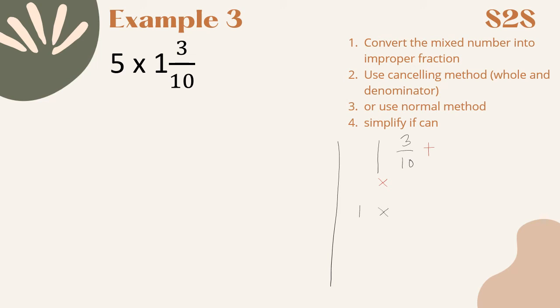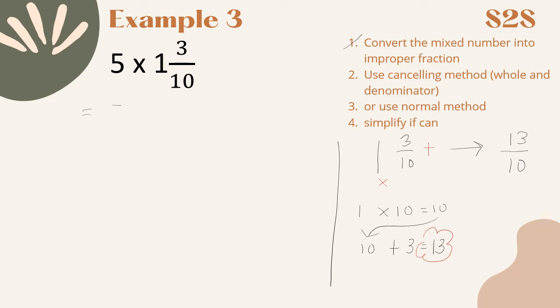So 1 times 10 gives 10, and then 10 goes down. 10 plus 3, this becomes 13. So put any shape around 13 so that you know that's going to be your new numerator. So we have 13 out of 10. So step 1 is done. You have converted the mixed number into an improper fraction.